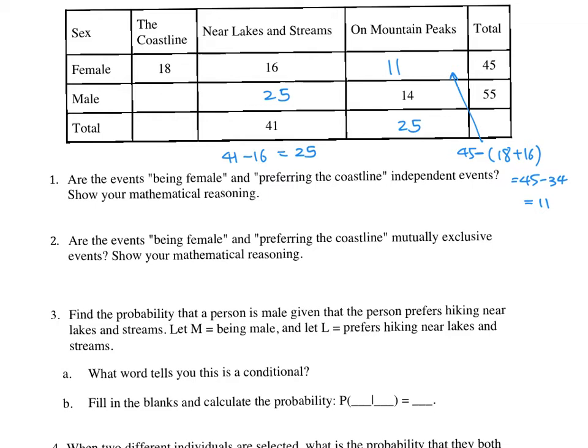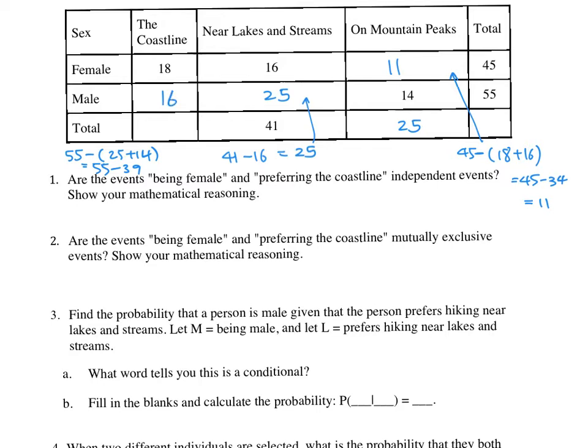I argue the same way for the male row. I know there are a total of 55 males, and we have 25 and 14 filled in already, so I can go 55 minus 25 plus 14, which is 55 minus 39, so that must be 16 here.